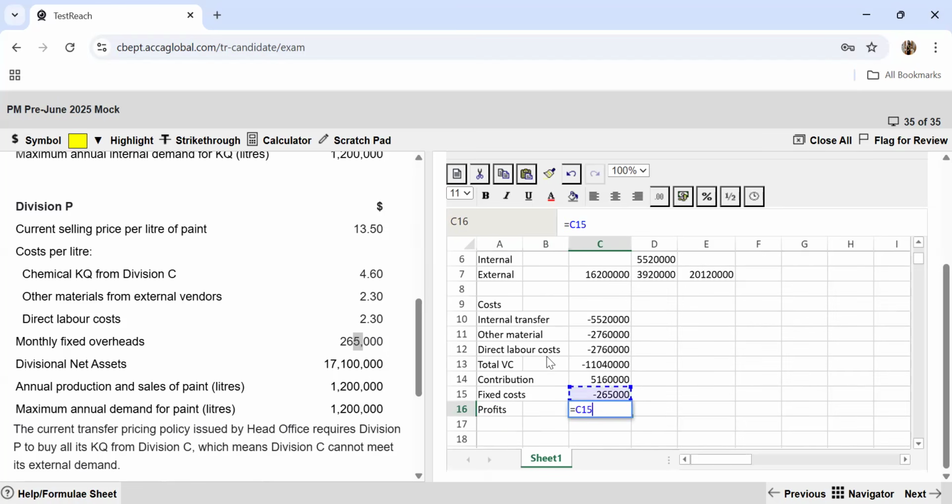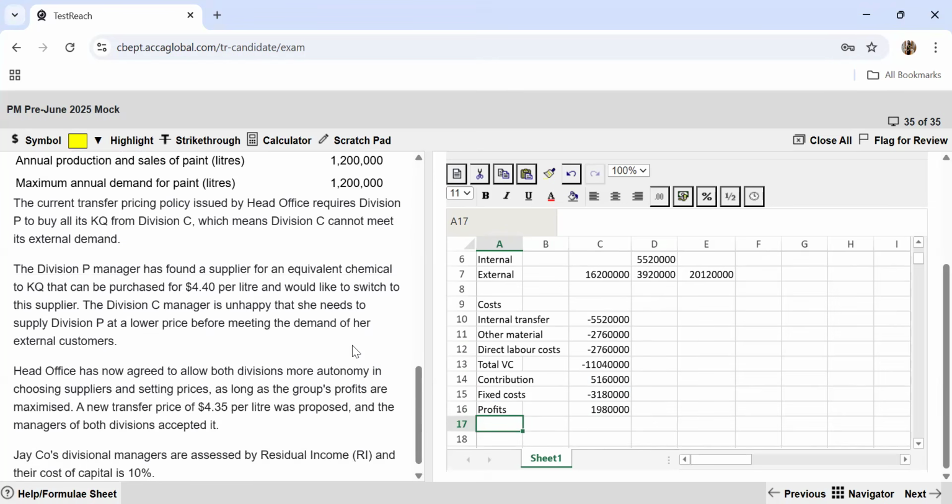So the profits for this division are going to be these many. Now that I have my profits all worked out, these are monthly fixed overheads. Wait a second. We are supposed to take for the entire year. So we are going to multiply this by 12 to find out the annual fixed cost. So this is what your profit is going to look like.